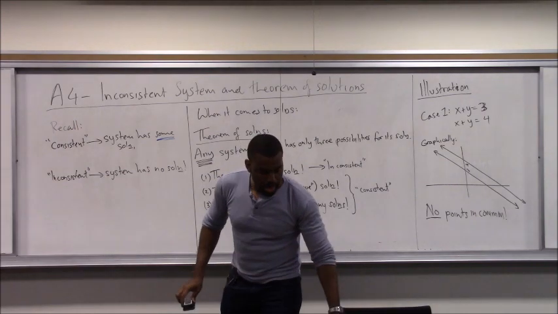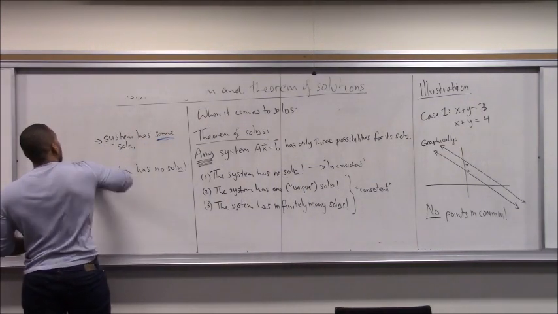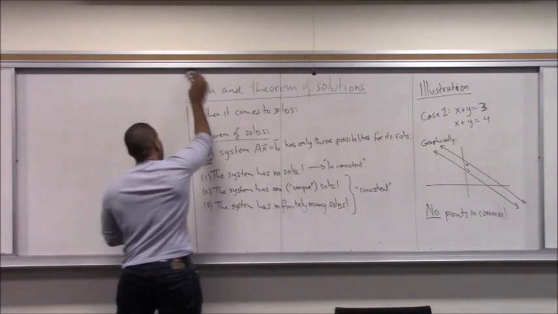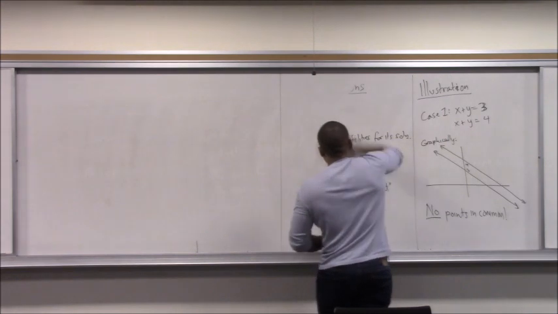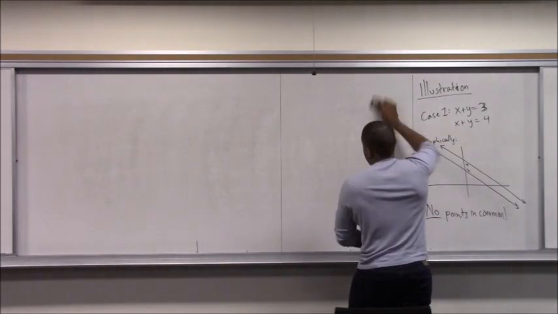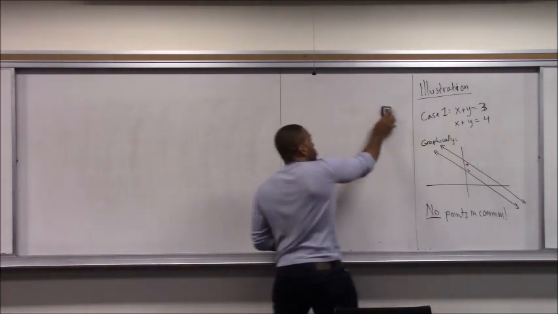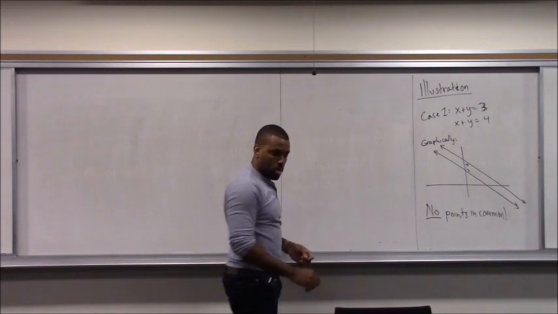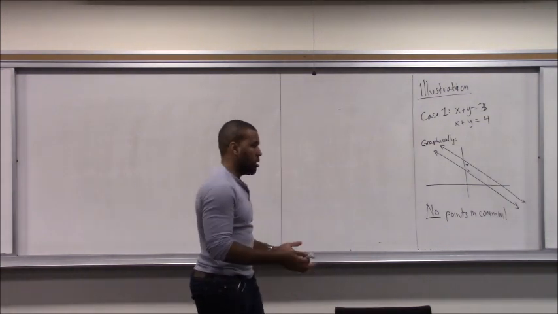Now let me show you how you would recognize this if you're doing the kinds of things that we've been doing so far, like augmenting the system and finding the reduced echelon form. How would you recognize that something like this is occurring? It's actually pretty easy, and this is kind of why we like reduced echelon form, because you don't have to worry about all these things.